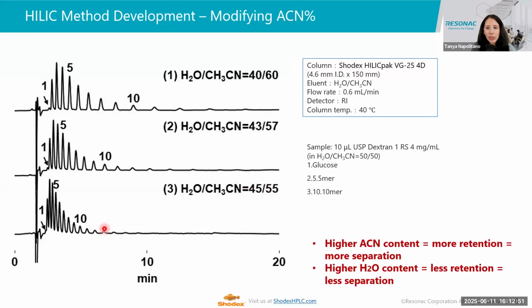So this shows a classic feature of HILIC. High acetonitrile equals higher retention and better resolution. If you go too low on acetonitrile, the separation disappears entirely. So selecting the right starting point is crucial when building your method.